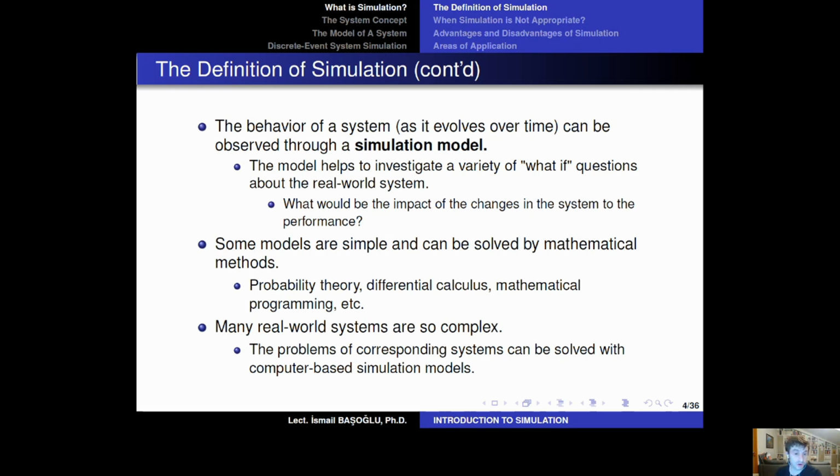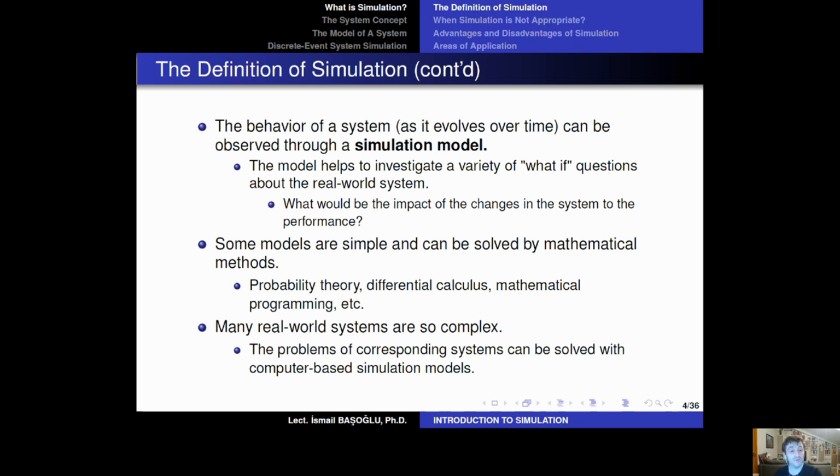And mathematical programming can help us to create optimization models of systems where we have an objective function and many restrictions on resources, right? So these models are simple. We can use simplex algorithm, we can use numerical integration, we can use numerical methods to solve differential equations, to solve all these mathematical models.